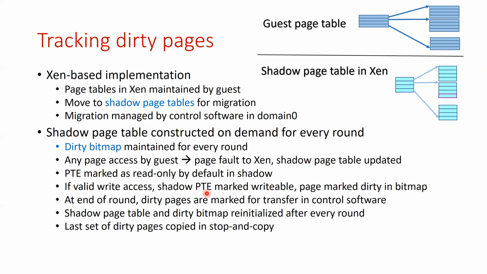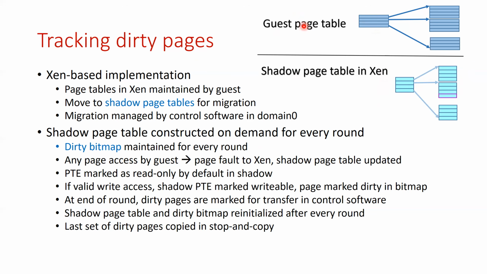Why? Because whenever the guest makes a valid write access to a page, since the page table entry is read-only, it will trap once again to Zen. Then Zen knows, aha, the guest has written to this page, therefore I have to mark this page as dirty in my dirty bitmap. So Zen will make note of that, and then it will let the guest write to the page.